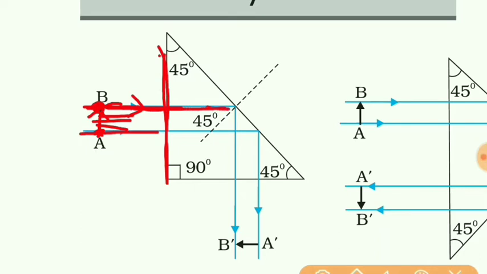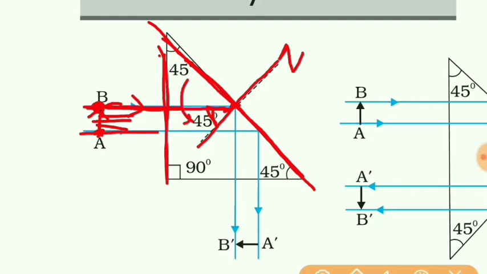But when it gets incident at this surface, at this point we can draw this normal line. Normal is always perpendicular to the line separating two media. So as this angle made is greater than the critical angle, see here this angle is 45, and it is greater than the critical angle for this glass material of which this prism is made.